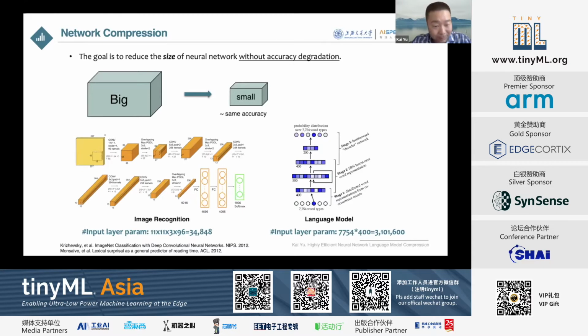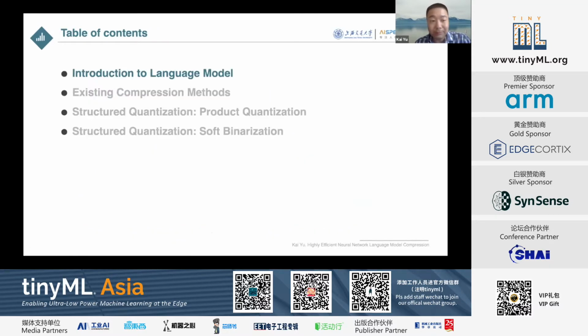That's a lot bigger than image recognition. Previously, almost all efforts were put on compressing the neural network structure, but ignoring the input side. And today, I'm going to focus on the input side.